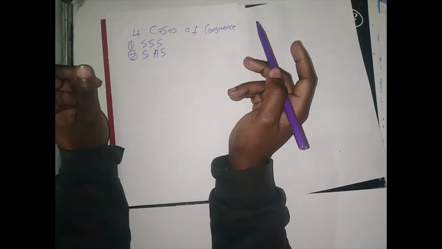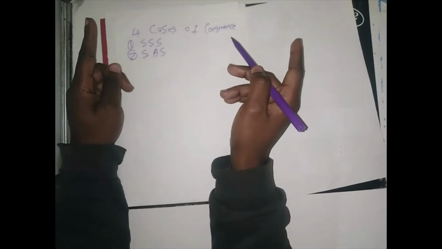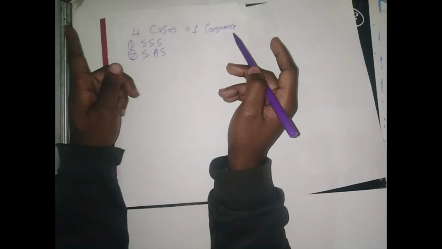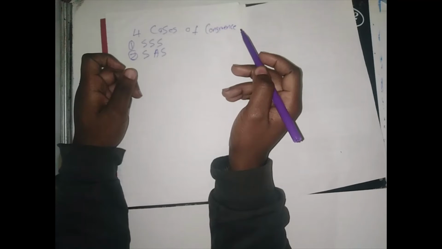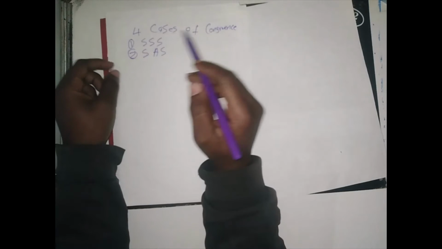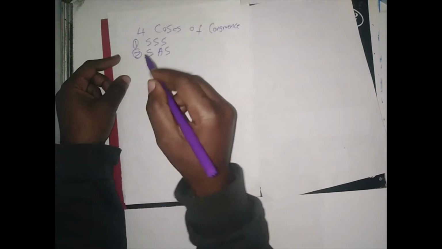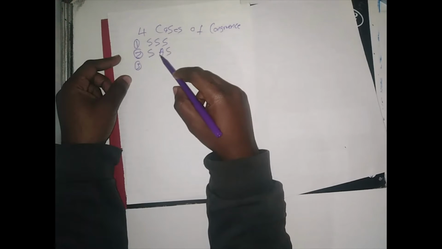So if you can find that there is a side here that is equal to another side here, and then there is an angle here that is equal to another angle, and then there is another side that is equal to another side on the other side, therefore you would have successfully proved that there is congruence. So it's side, angle, side. And then the third case, but I just want to make a note with side, angle, side.